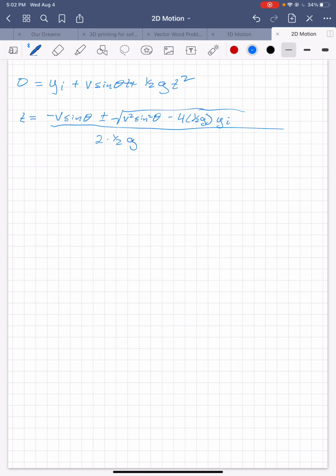I could simplify this a little bit, because 4 times 1/2 g yi is really just 2 g yi.